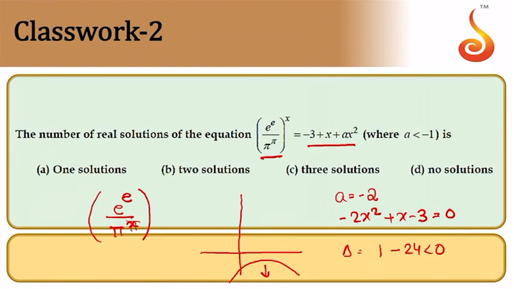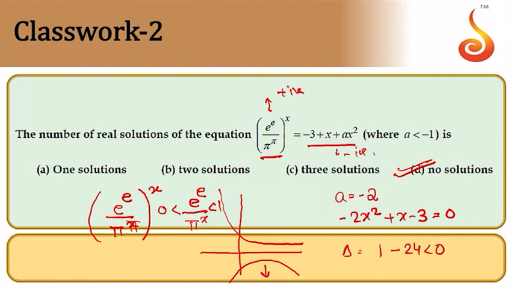If you observe this left hand side, this is e to the power e, which is a positive value, and pi to the power pi is a positive value, so the total value is positive. This is pi to the power pi and this is x to the power x. e is 2.718 and pi is 3.14, so it is a fraction. e to the power e by pi to the power pi always lies between 0 and 1. So the graph will be like this, always positive. So it won't intersect at all. So no solutions.